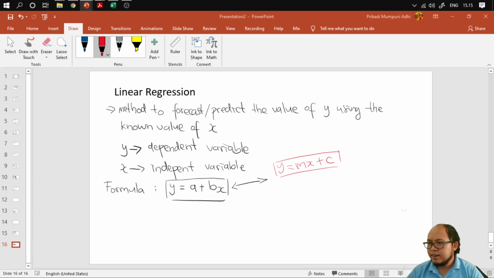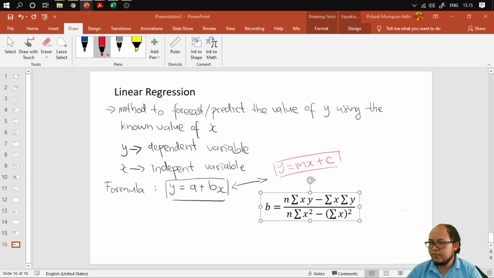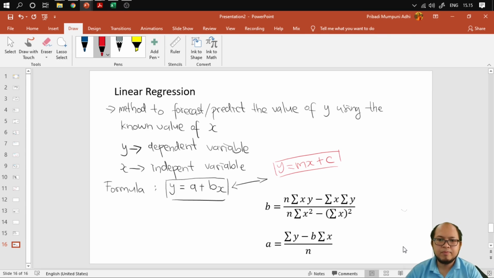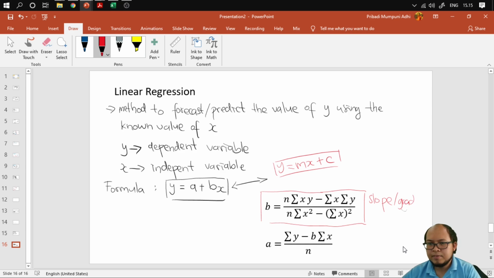Where we can find the b value and the a value. This b value is the same as the slope or gradient, and the a value is the intercept in the y-axis.